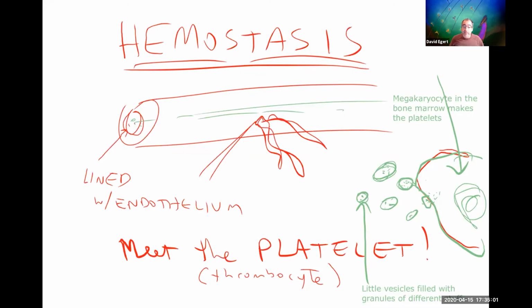Again, they're just like little packets of stuff. And as long as all they see is endothelium, they just stay intact as themselves. So platelets are just waiting for their job, but normally they're just flowing in your blood like your blood cells are flowing.